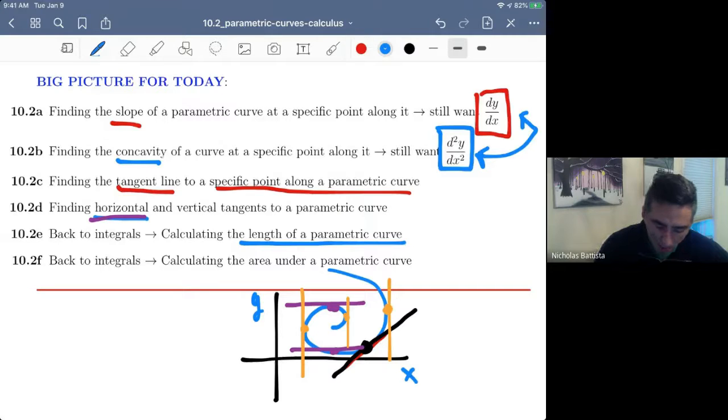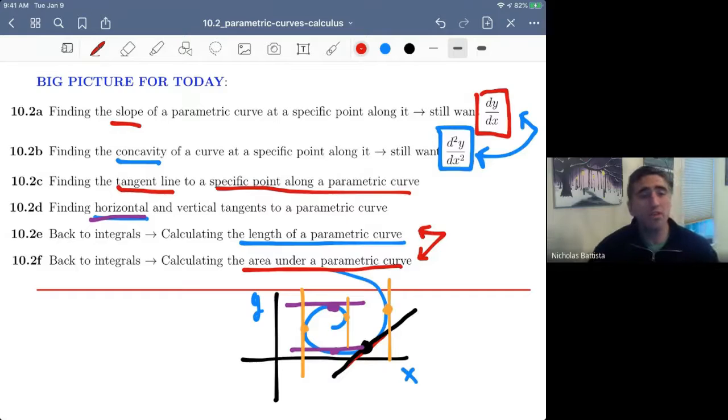And similarly, we're going to figure out how to compute the area under a parametric curve. In both of these integral applications, we're going to start off with what we know from Calc B earlier in the semester on the area under a curve and the length of a curve, and we're going to extend those notions into parameterized settings. So that's what we're going to do today.